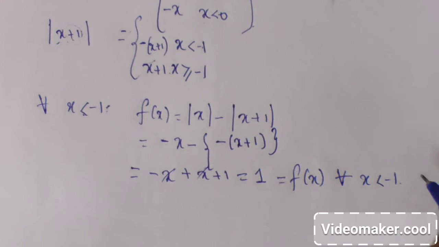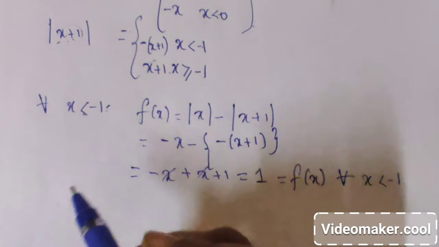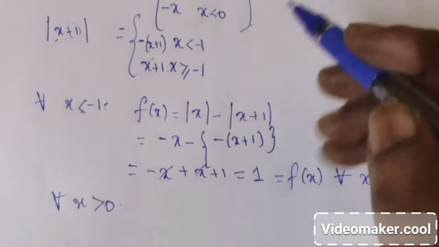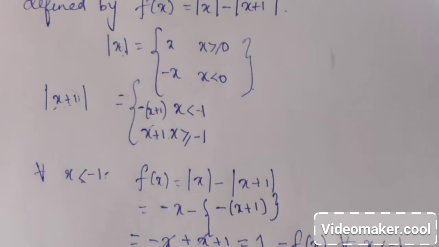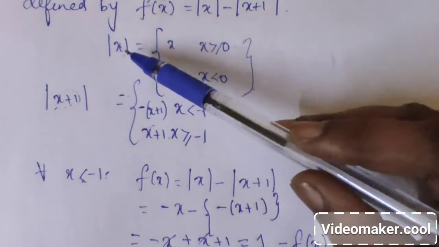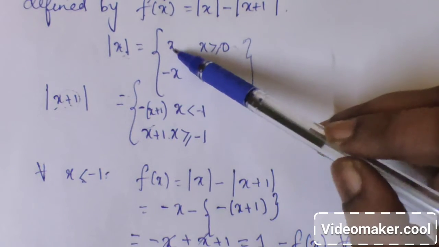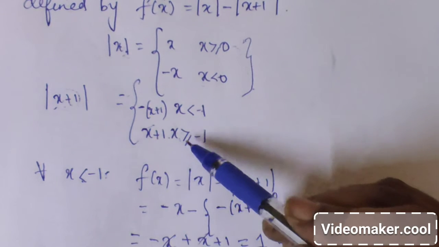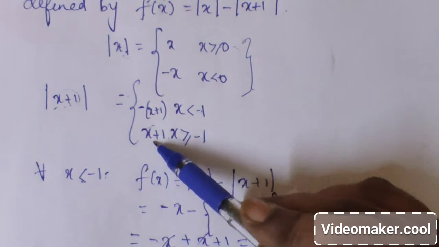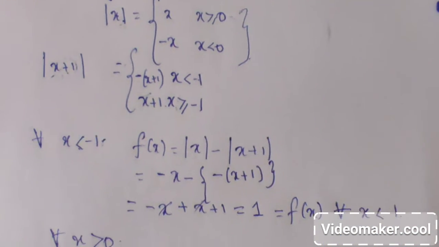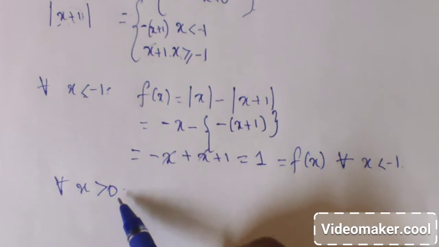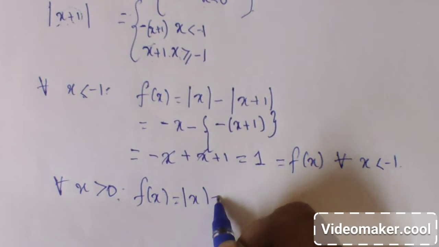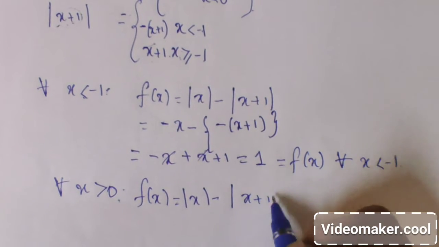Now we will see the function for all x greater than 0. For all x greater than 0, mod x will be x, and mod x plus 1 will be x plus 1 as it is. So again f of x is mod x minus mod x plus 1.